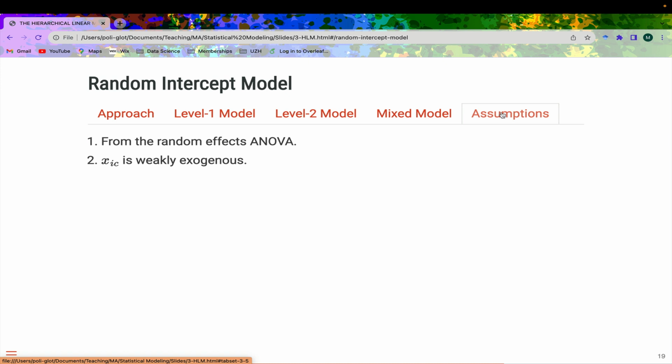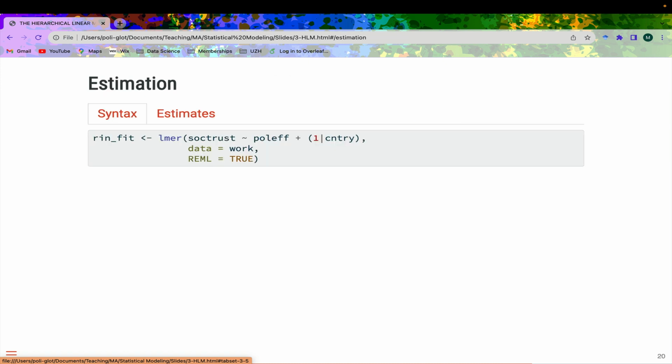We have to add one more assumption here, and that is that x ic is weakly exogenous. You may remember that assumption from regression analysis. It was important there, it's important here as well. So let's see what this brings when we run this.